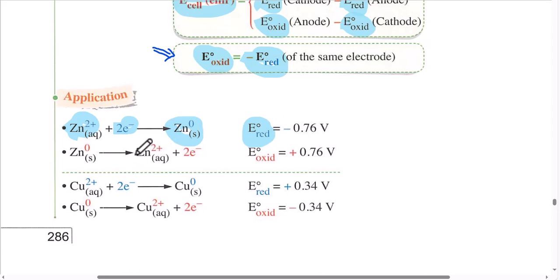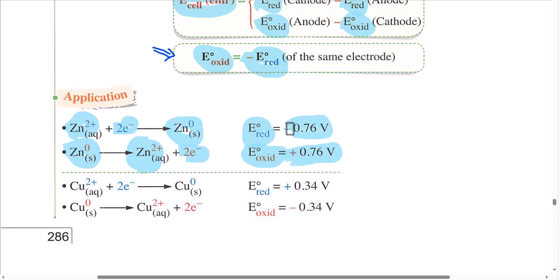And here is the oxidation potential. In the second process, solid zinc 0 releases electrons and is oxidized in the form of zinc positive 2 ions. So this is an oxidation potential which equals positive 0.76.